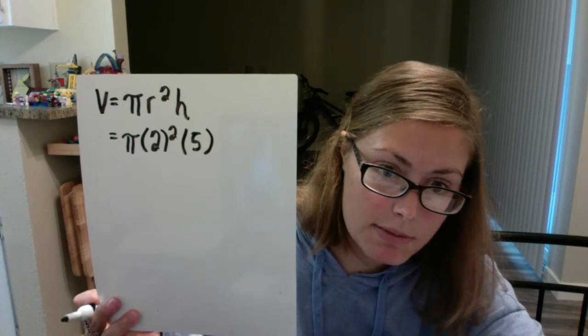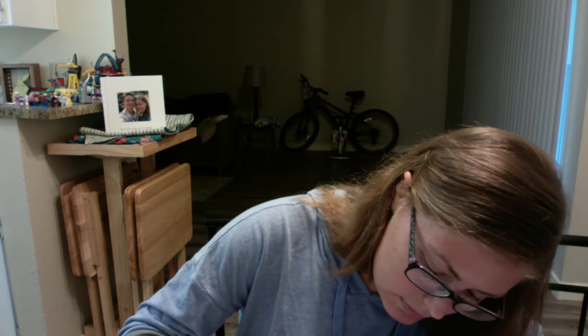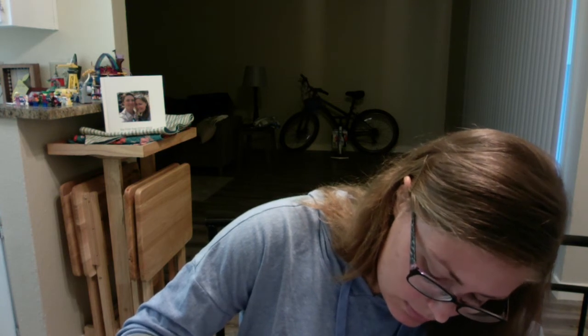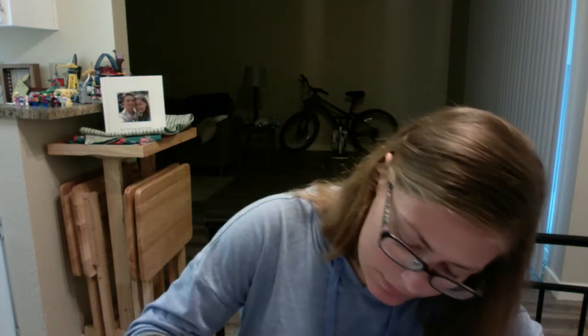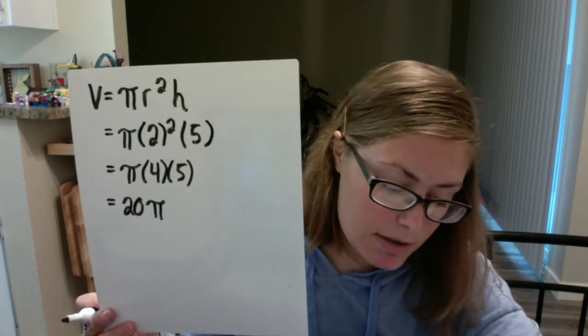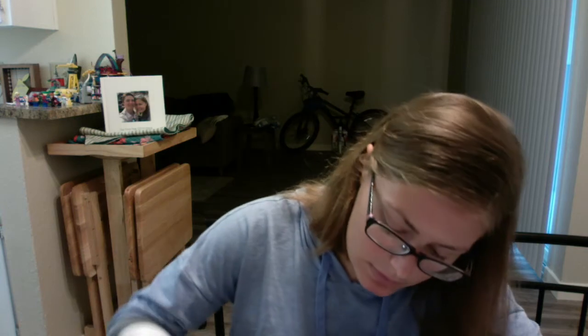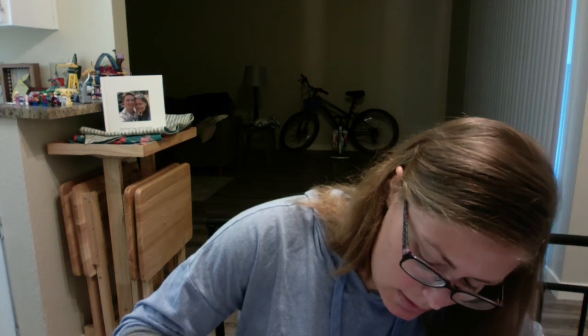So pi times 4 times 5. 20 pi. Direction said round to the nearest tenth. So that's 62.8 miles cubed.